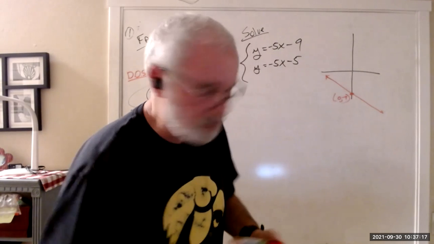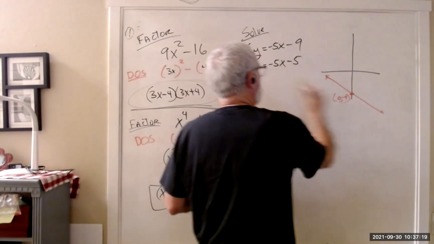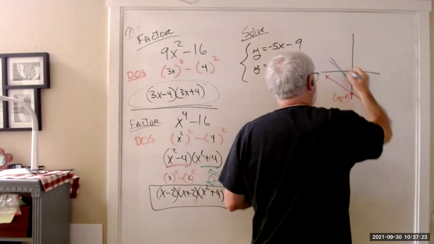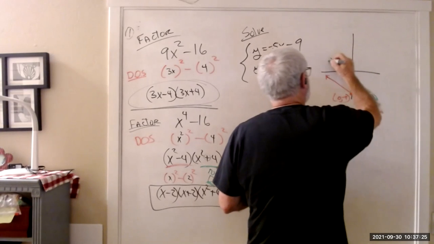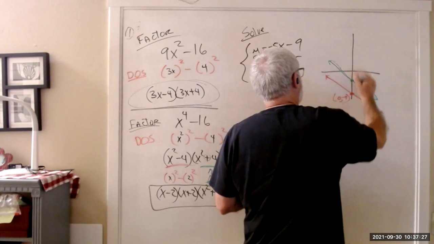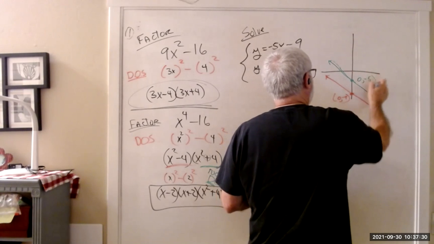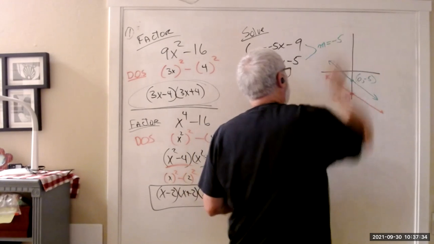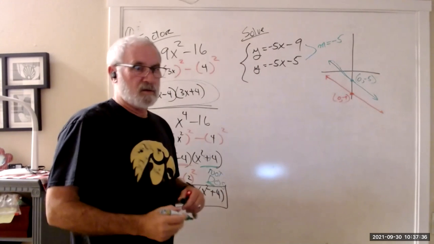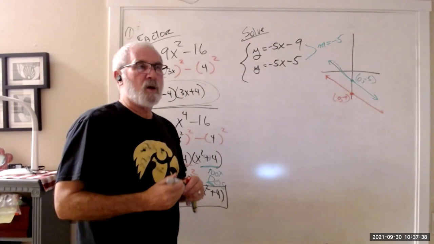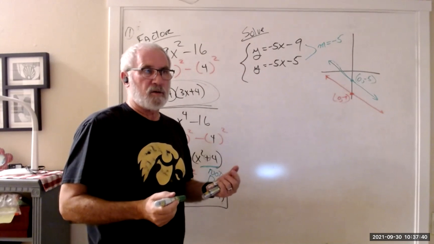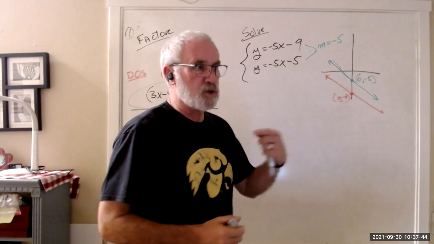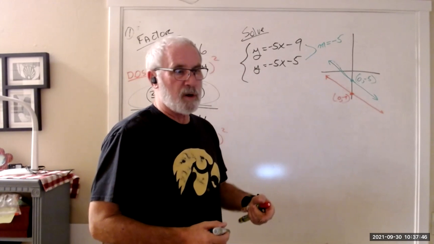The second would have a y-intercept of -5, and it would look something like this. Okay, 0, -5. Notice both of these have a slope of -5, meaning they're parallel. That's what I'm getting at. These two lines are parallel, so there is no solution to this problem.